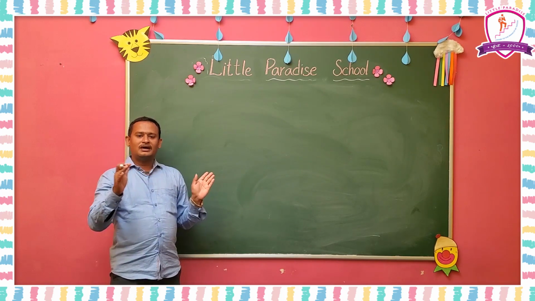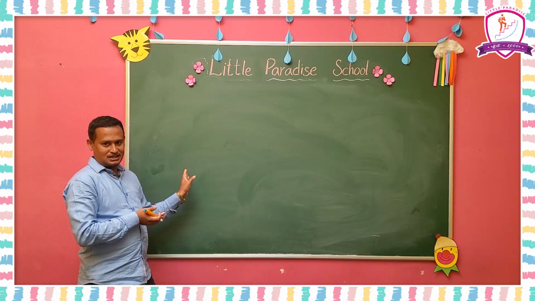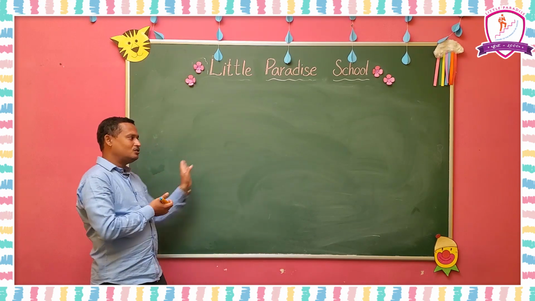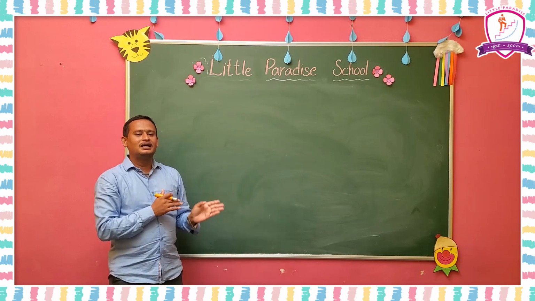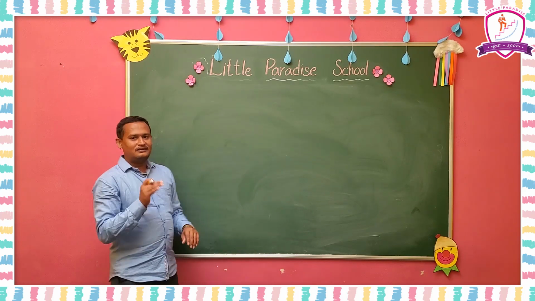Then you find the smallest number and write that number first. Next the next biggest number, next big. So small to big we have to arrange. After that, big to small we have to arrange, that will become descending order. Okay. Let me explain with examples.